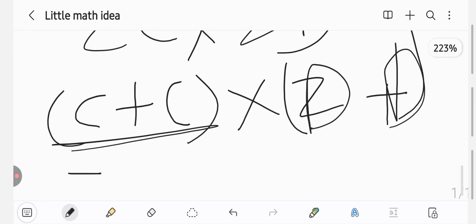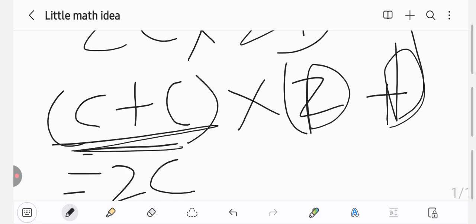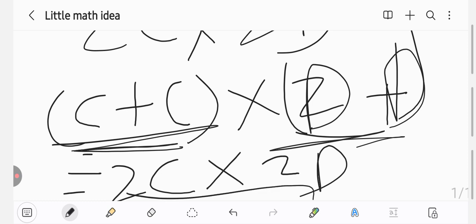Now if we use the bracket rule or BODMAS, what do we get? First we simplify inside the bracket, so we get 2c times, then we do inside the bracket of this one, so we get 2d. Look, it's just their previous form.